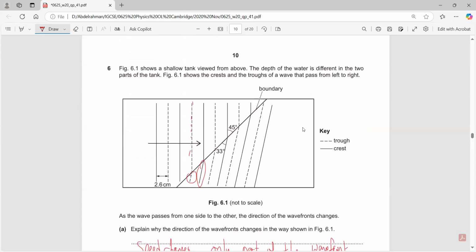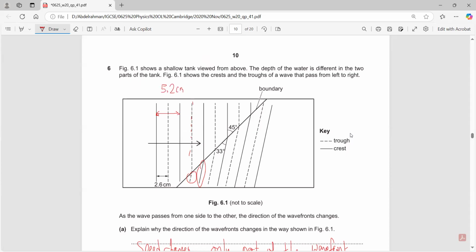Is this the wavelength? No, this is not the wavelength. The wavelength is the distance from crest to crest, or trough to trough, or rarefaction to rarefaction, or compression to compression. So 2.6 is only half the wavelength. The actual wavelength is 5.2 centimeters.